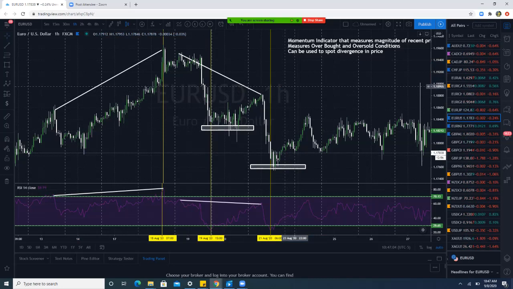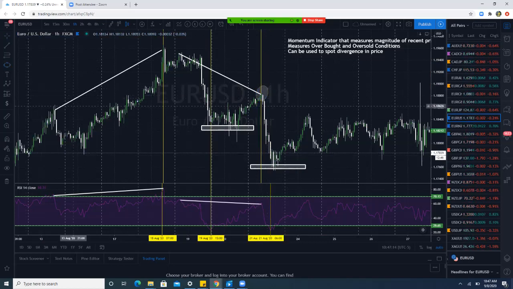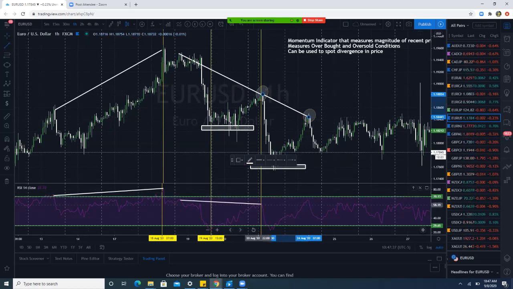And to show you where divergence is, we'll use this example. So you see that this is a high point here. That's a high point. And this is another high point. If price is not diverging, then the RSI is going to have this high be higher than this high. But what happens? The RSI is going up from this point.